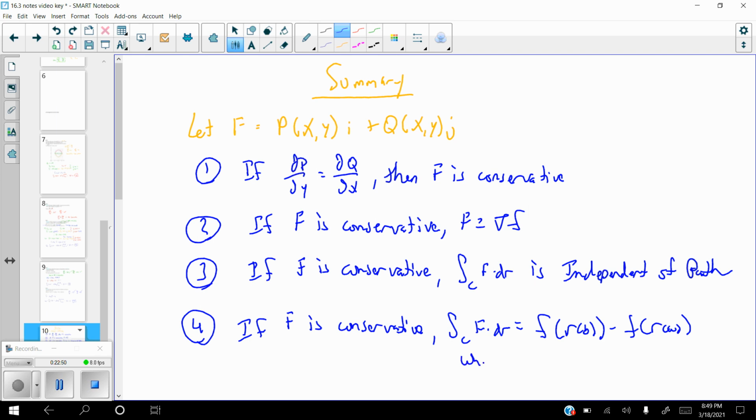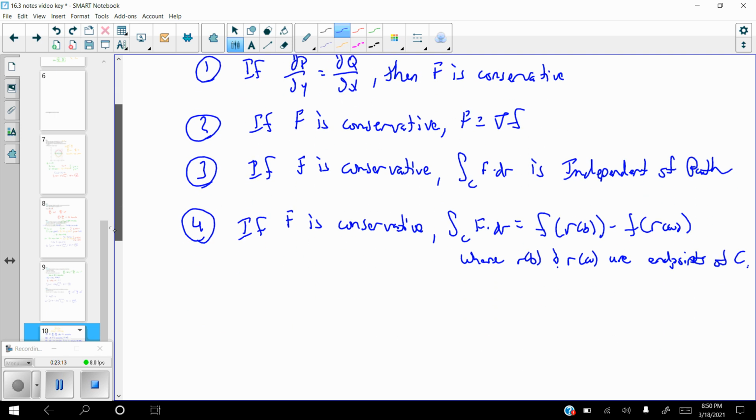And we'll just add this in there, where r of b and r of a are the endpoints of C, of your curve that this is over top of. Okay, fundamental theorem of line integrals right there. And then the last one.